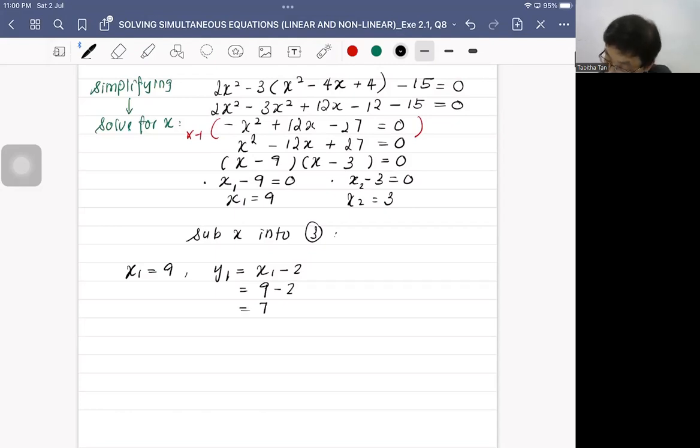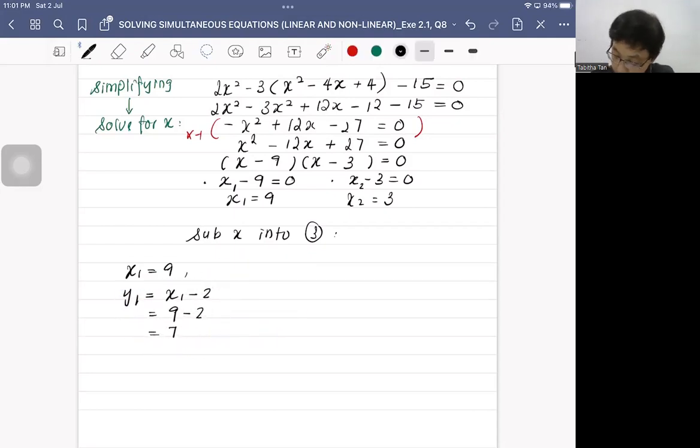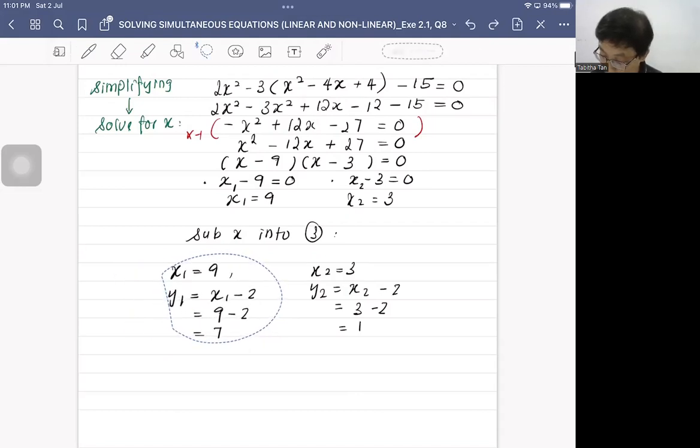Okay, I think I will just give some space. I'm going to move it down here. Okay, so when x2 is 3, then y2 will be x2 minus 2. Therefore, we get 3 minus 2, which gives us y2 as 1. Okay, wrong 2, so I'm just going to fix that.